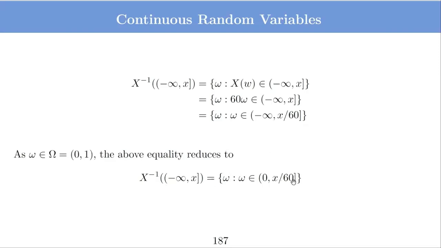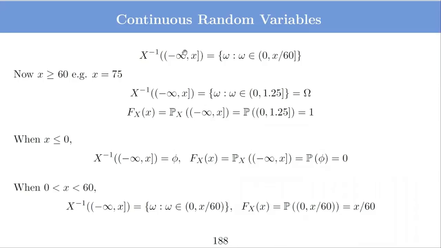Because x here can take any value up to infinity, if x/60 is more than 1, then omega has to be a part of the sample space also. So omega would be between 0 and 1 only if x/60 is more than 1, which means if x is more than 60.